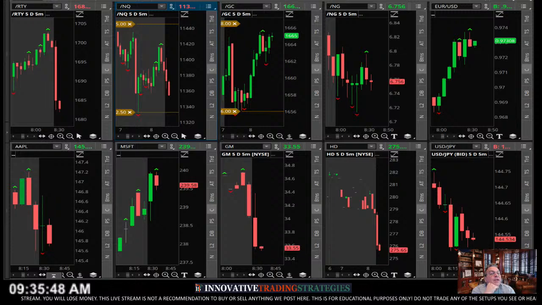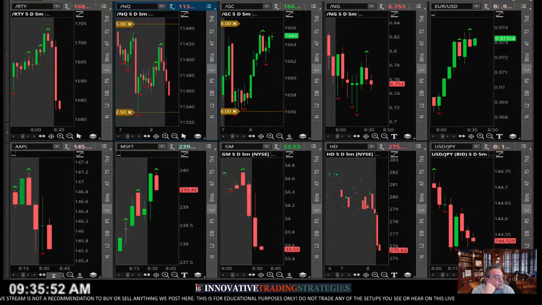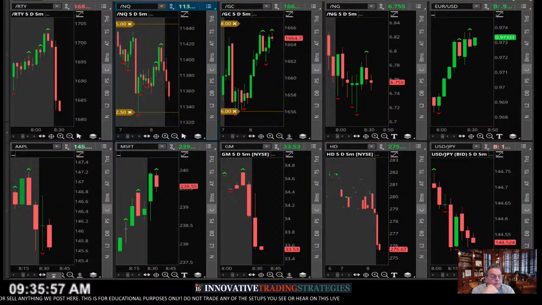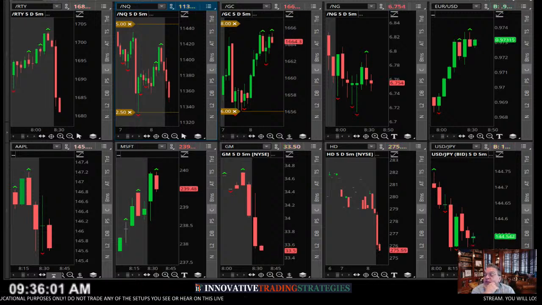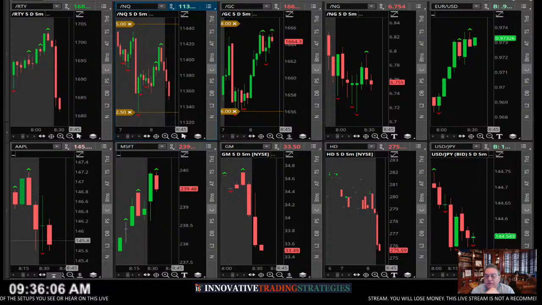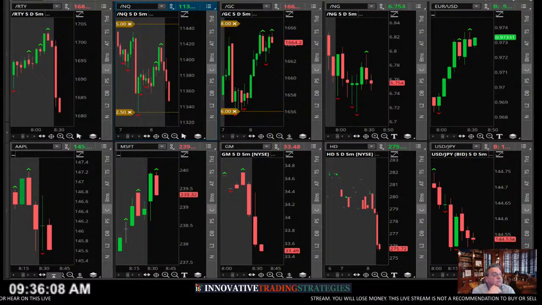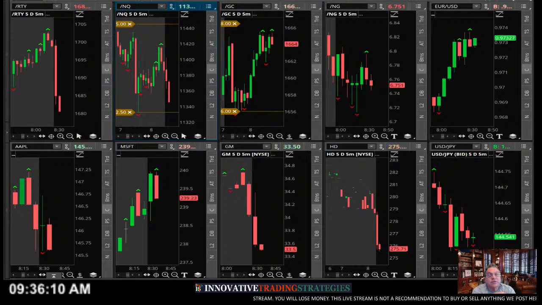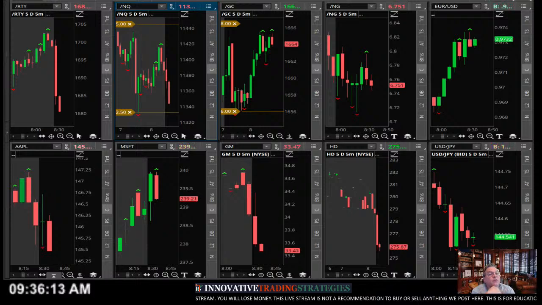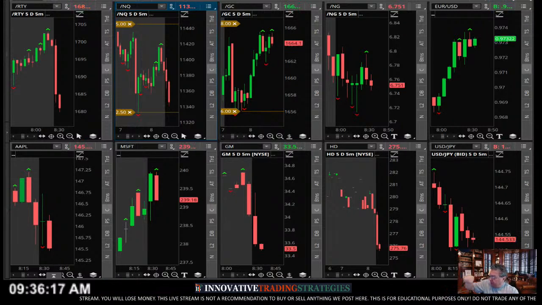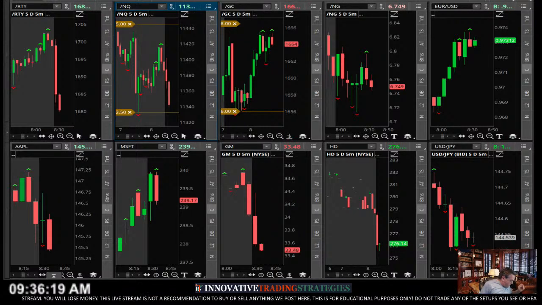Okay, still short the mini Nasdaq, still on gold. Not seeing anything on the currencies yet, nothing on the stocks. This mini Nasdaq is also an HF. It's in an HF1 short.